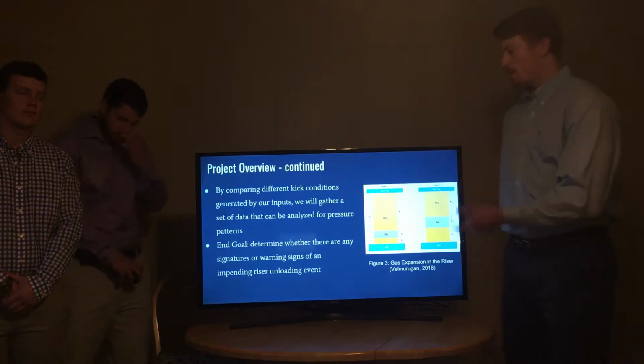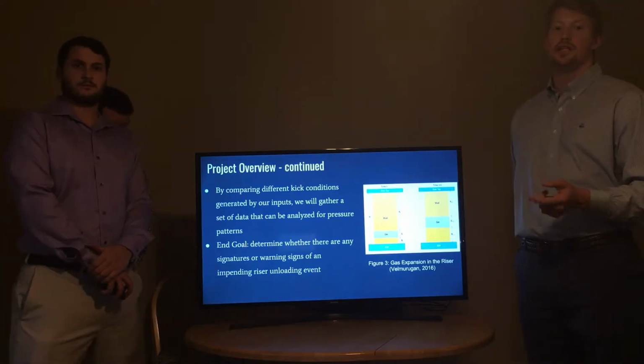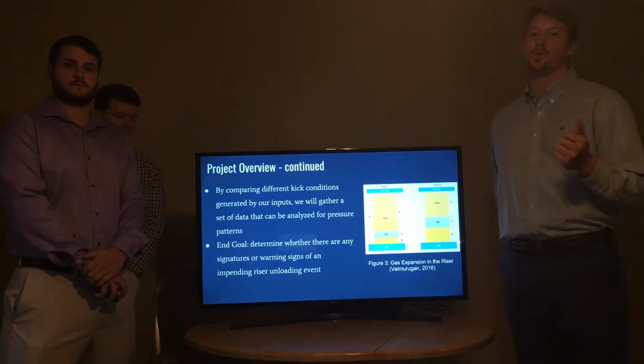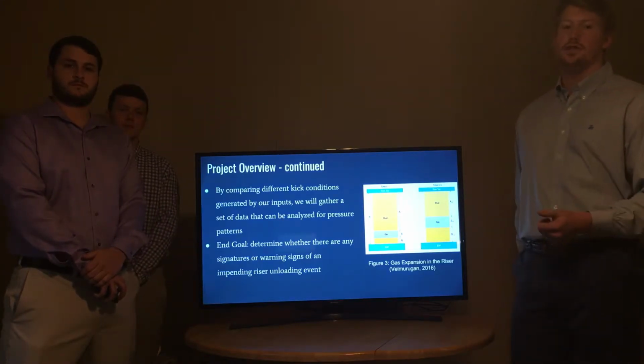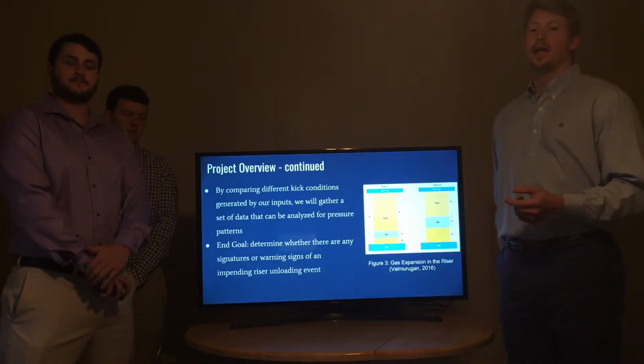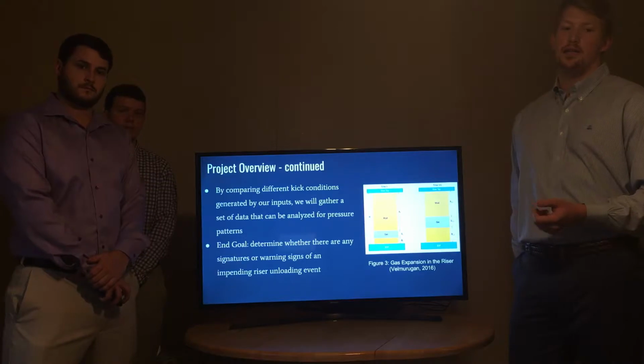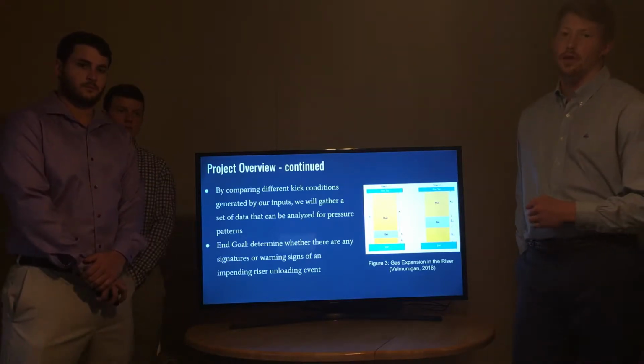So by manipulating these input parameters, we were able to create several sets of data that represent several different situations in which gas can enter the riser, be circulated, and then unloaded onto the rig floor. We can analyze these data sets output by our simulations for pressure behavior and mud gas concentrations throughout the volume of the riser.